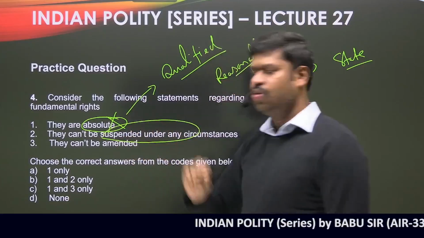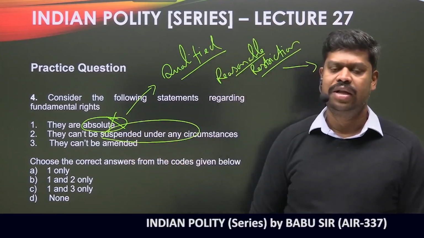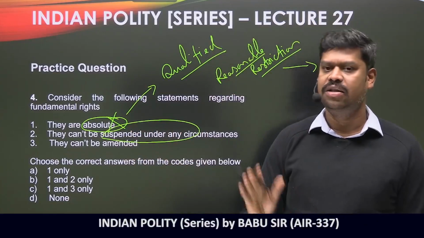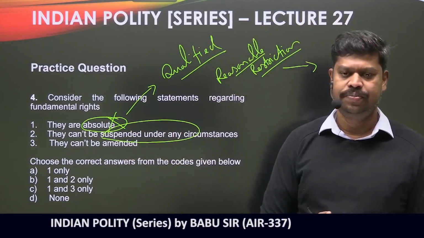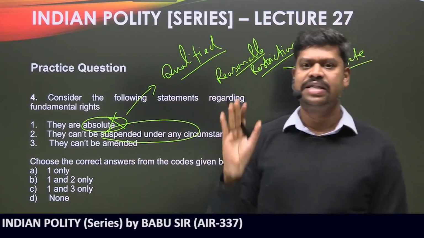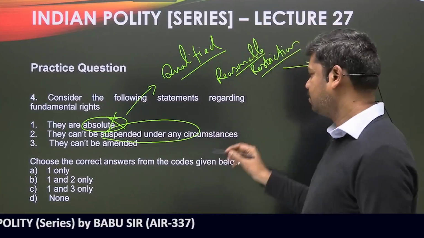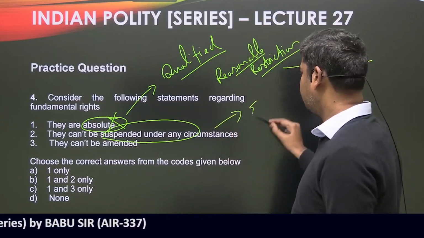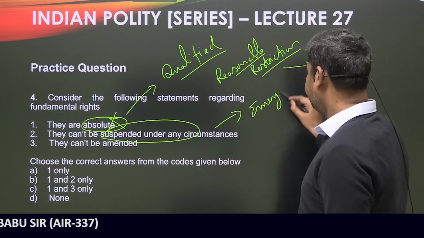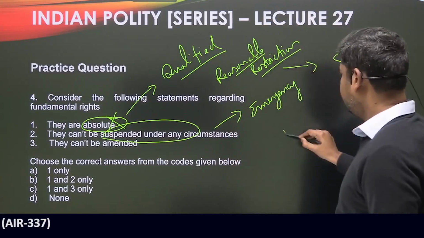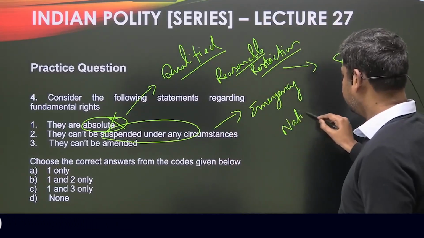So this is also one of the features that you have learned: while the fundamental rights are important, no doubt, they can be suspended, and they can be suspended during what is called an emergency. So during a national emergency, the fundamental rights can be suspended.